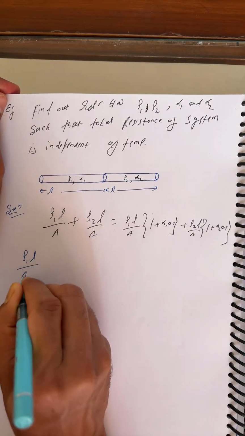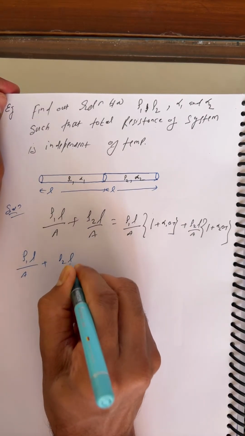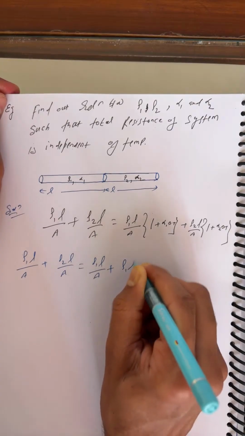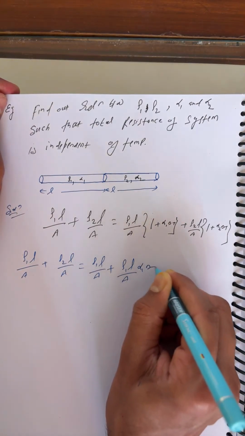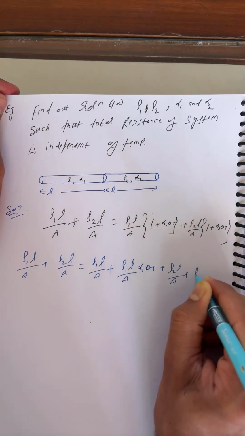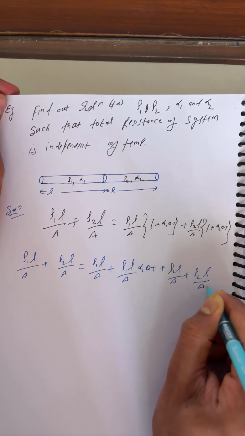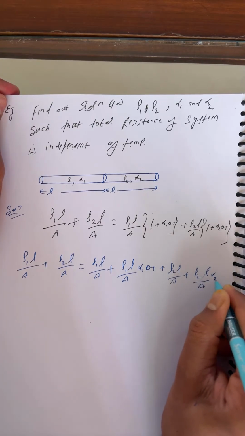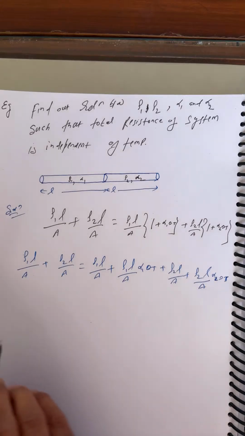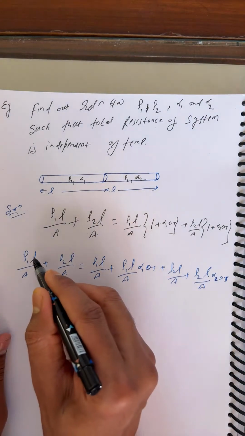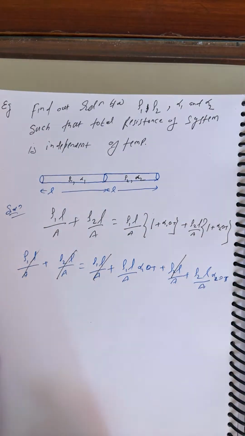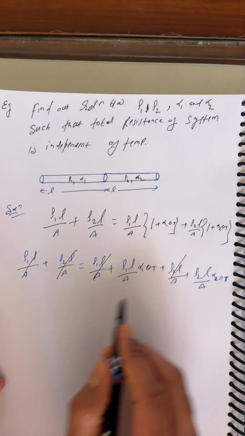Rho 1 L by A plus rho 2 L by A is equal to rho 1 L by A plus rho 2 L by A plus rho 1 L by A into alpha 1 delta T plus rho 2 L by A into alpha 2 delta T. The rho 1 L1 and rho 2 L2 terms finish, so just equate these two.